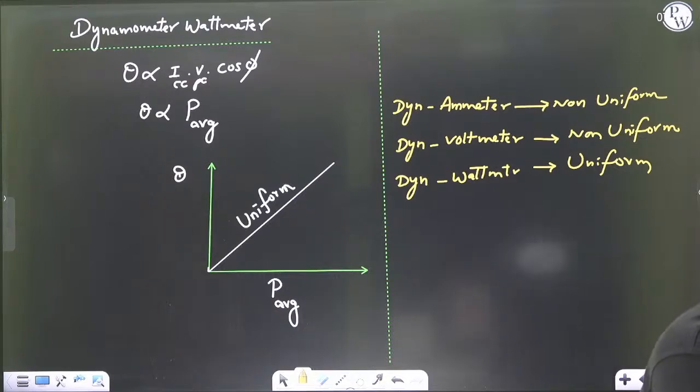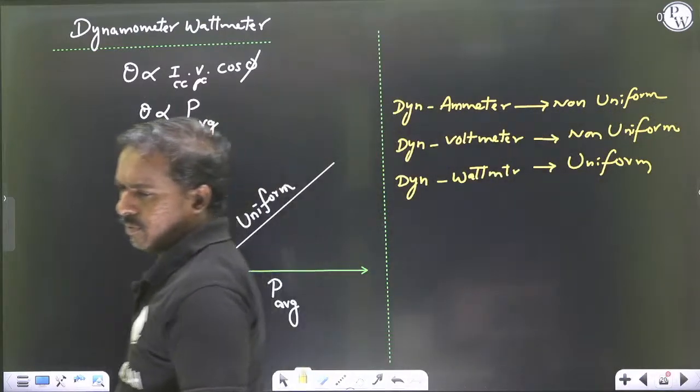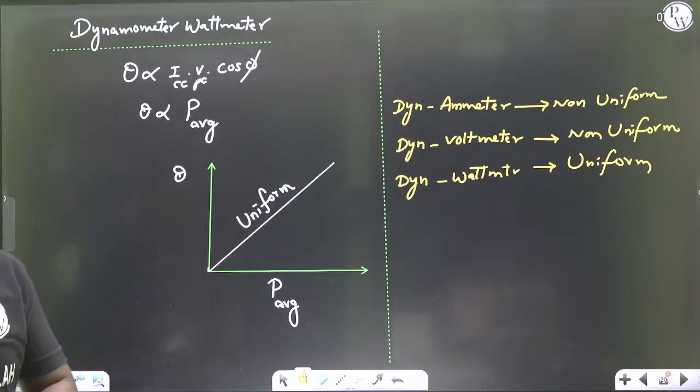Now let us talk about some errors. Error due to connection. Generally, what are the geometrical features of the coils?